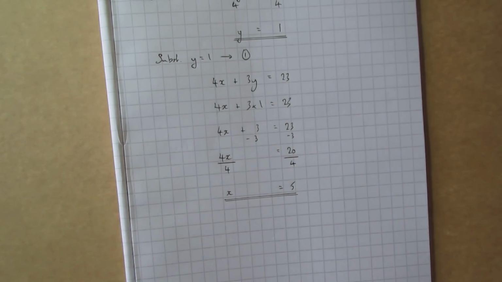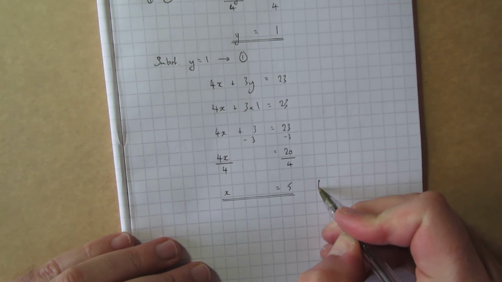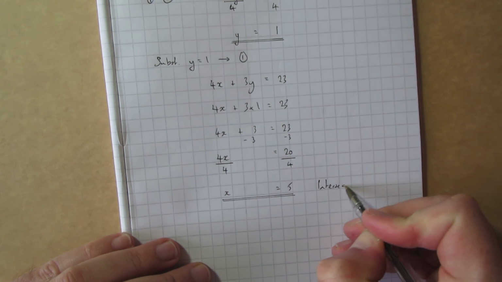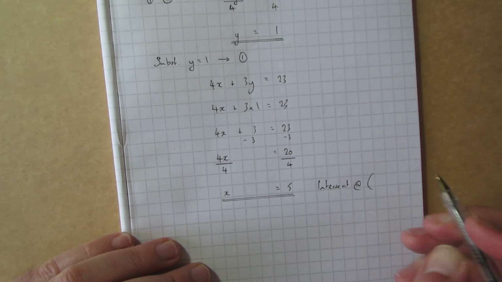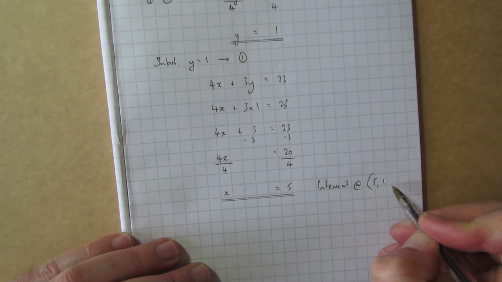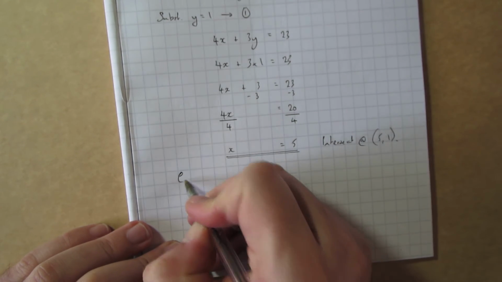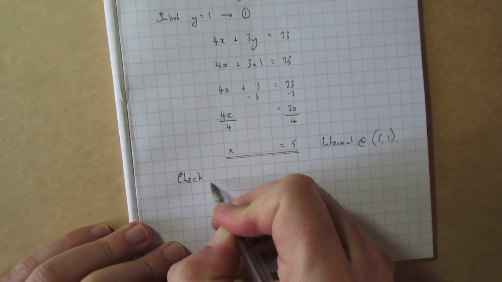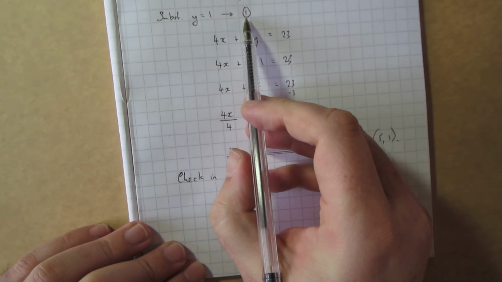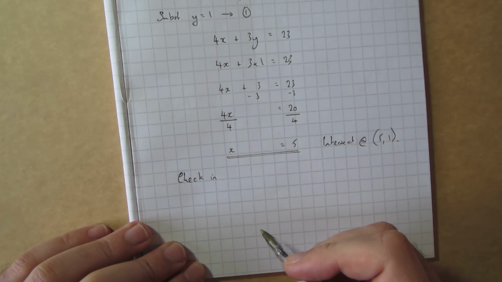So if we're right, then these two lines intersect at an x value of 5 and a y value of 1. Let's see if we're right. Check in, now I used equation 1 here, so I'm going to use equation 2 this time.